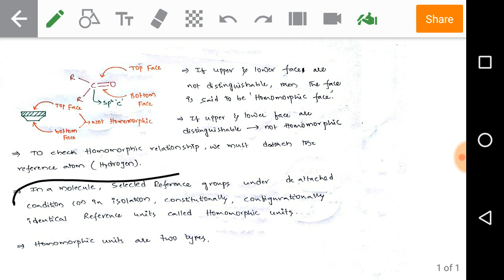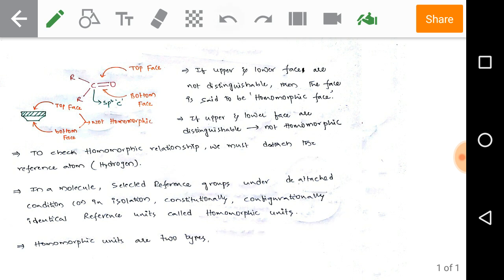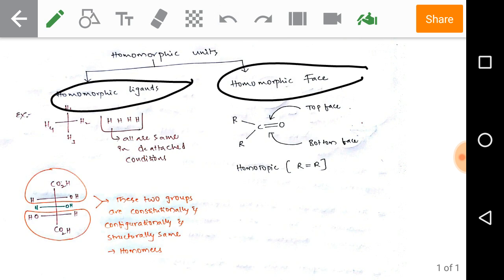Now in a molecule, selected reference groups under detached condition or in isolation, constitutionally and configurationally identical reference units are called homomorphic units. Homomorphic units are of two types: homomorphic ligands and homomorphic phases.